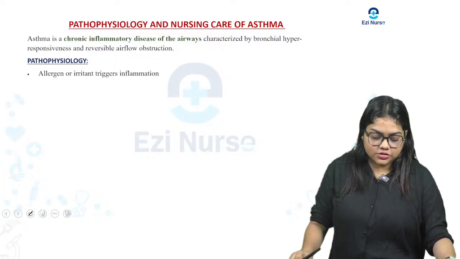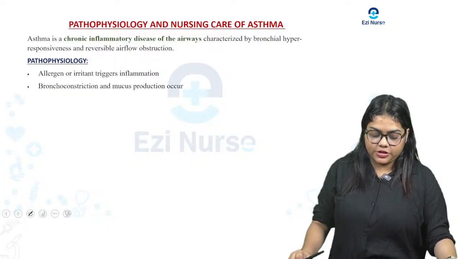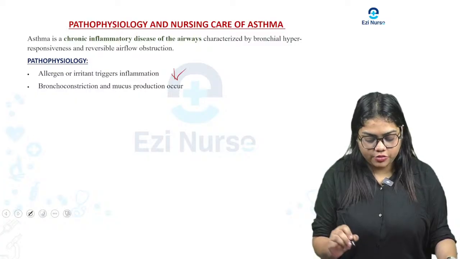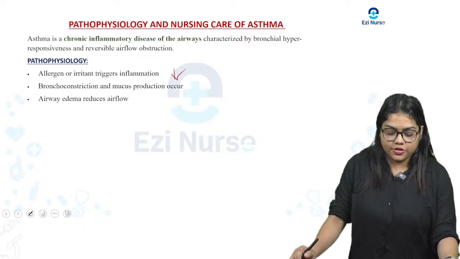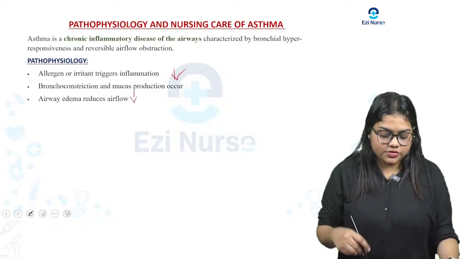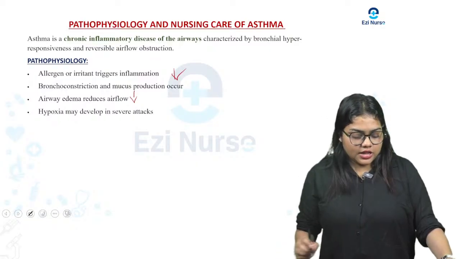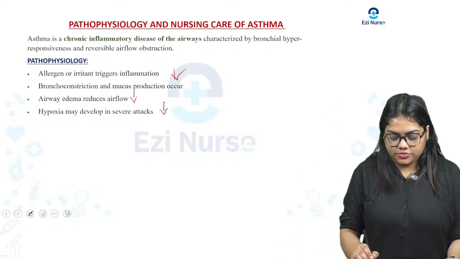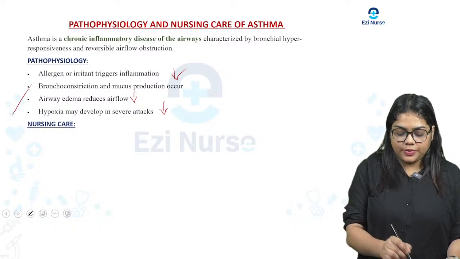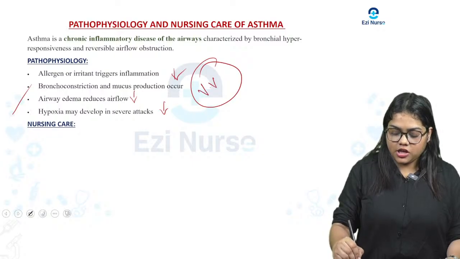So pathophysiology includes an allergen or irritant which will trigger inflammation, which will lead to bronchoconstriction and mucus production, which will again lead to airway edema, and because of that the airflow will be reduced. Then hypoxia may develop in severe attacks. Okay, so this is the actual pathophysiology of asthma. This question is also very important.